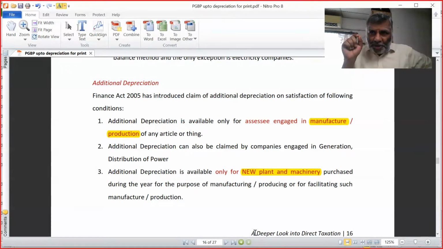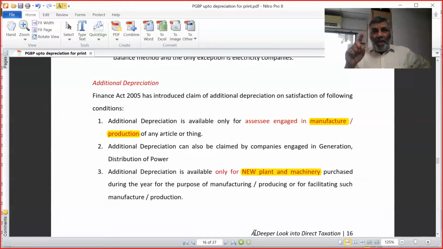For section 32, additional depreciation: new means both for import and for domestic purchase. Full stop. Imported second hand machinery is not a new machinery.